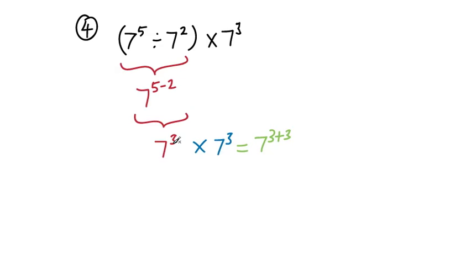If this was 7 to the 3rd times 5 to the 3rd, we really couldn't add these exponents. That wouldn't be allowed. So in this case, this is fine. We still have our 7s. So 3 plus 3 is 6, so this becomes 7 to the 6th power. And that is one of our options when we check our answers in the multiple choice. So that was number 4.